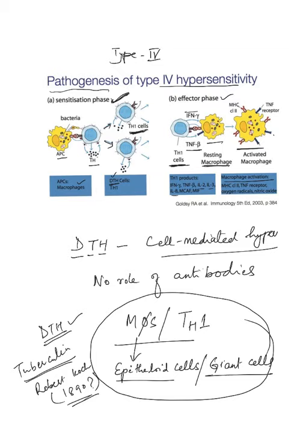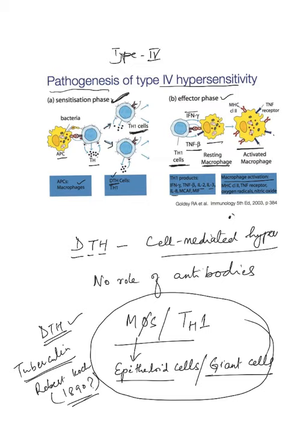More monocytes come and surround the antigen, and when a lot of macrophages are there, definitely they are going to release certain molecules and enzymes and mediators, and that also results in a little bit of tissue destruction.